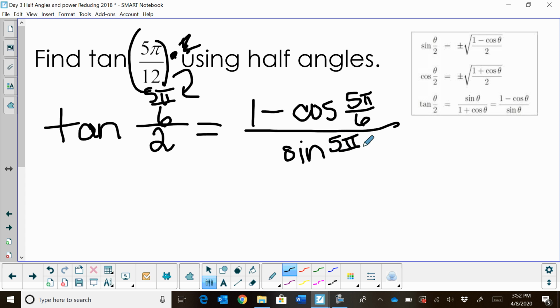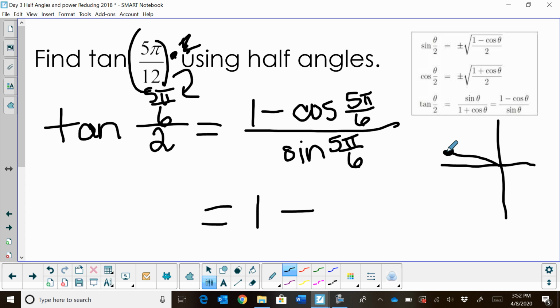So this one's a little bit different because we're evaluating both sine and cosine. So let's simplify that. We've got 1 minus, well, 5 pi 6. Let's think about that position. That falls right here at 5 pi 6. So cosine is a negative square root of 3 all over 2.